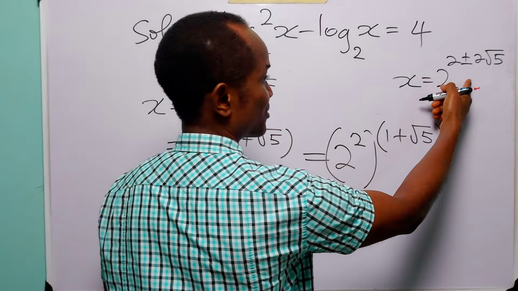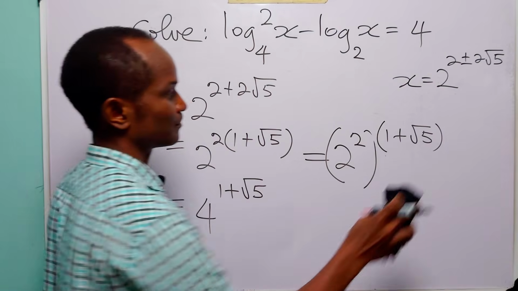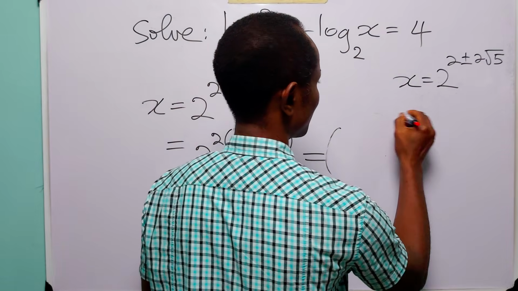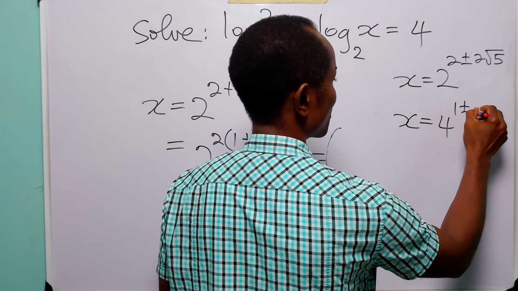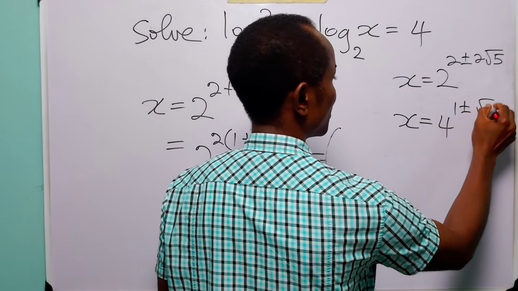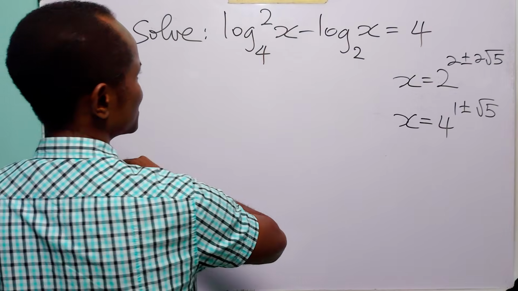So x can be written in this form, or it can also be written in the form 4 to the power 1 plus or minus root 5. Now let us substitute into this equation.